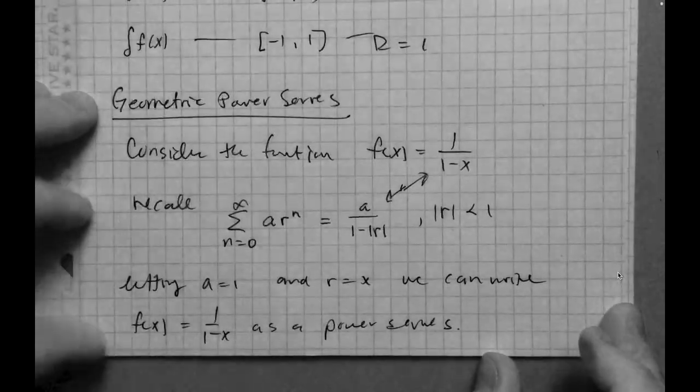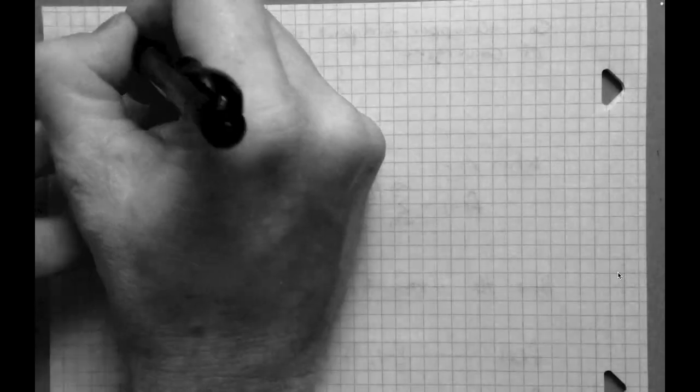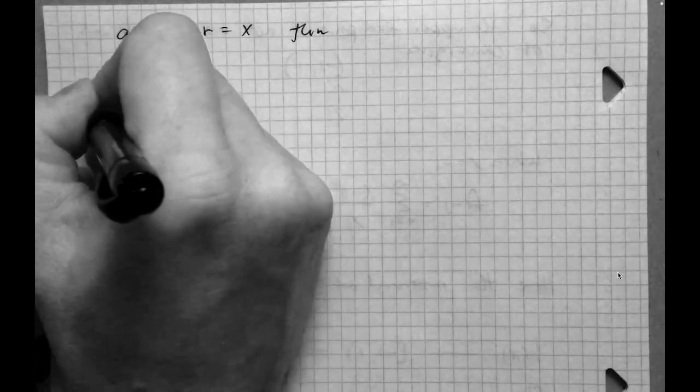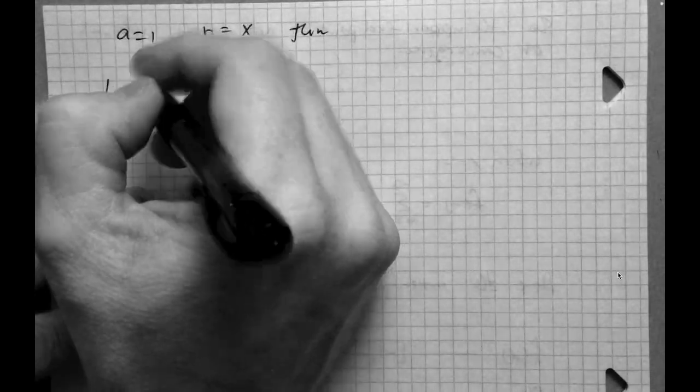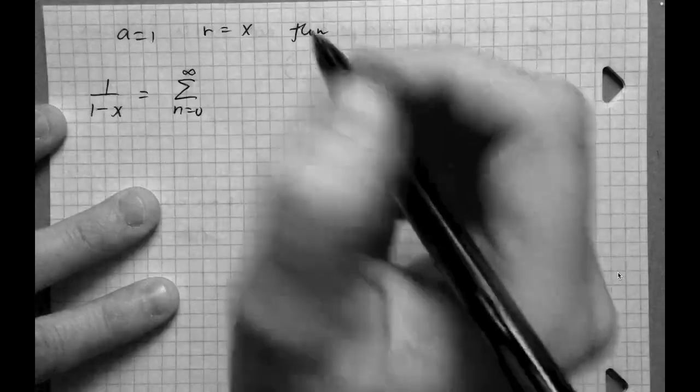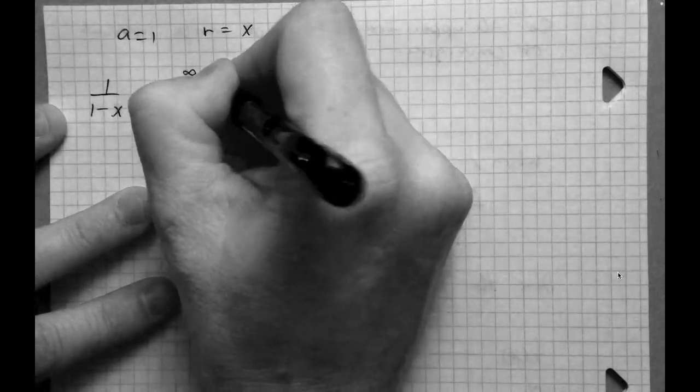Okay, so we can write this as a power series. Let's do that. What we would say is a equals 1, r equals x. Then 1 over 1 minus x is equal to the sum from n equals 0 up to infinity of x to the n.